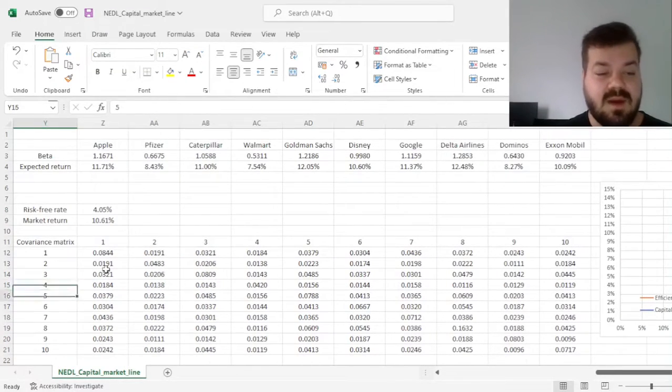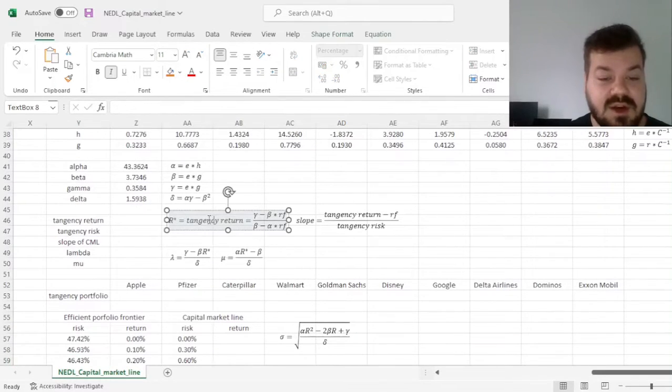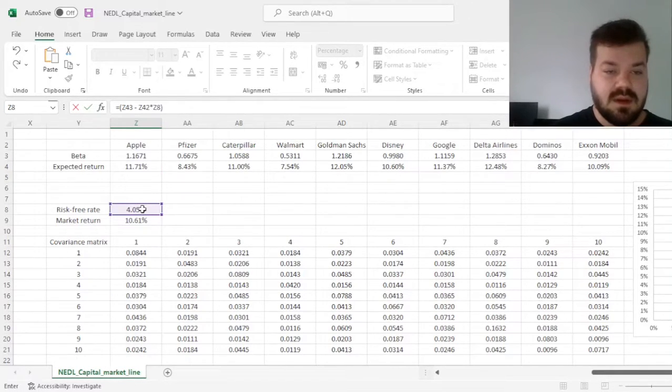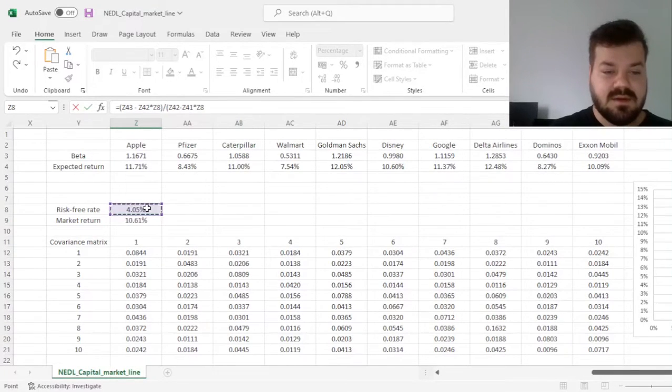And for that, we have got a closed form expression allowing us to retrieve tangency return from our constants that describe the investable universe, as well as the risk-free rate. So the tangency return for our investable universe would be gamma minus beta times the risk-free rate, divided by beta minus alpha times the risk-free rate.